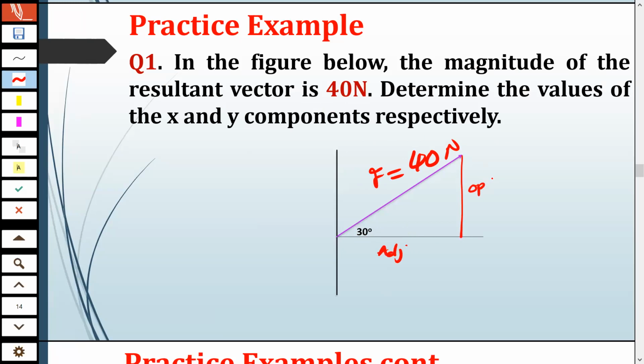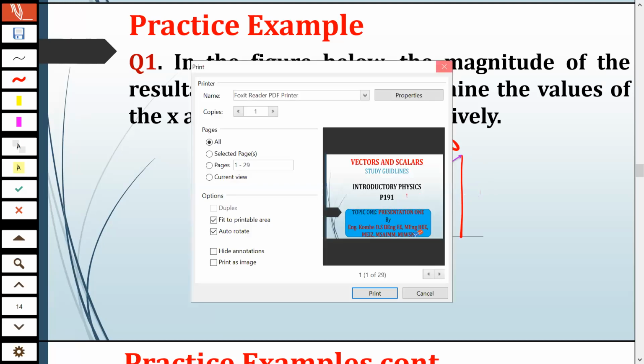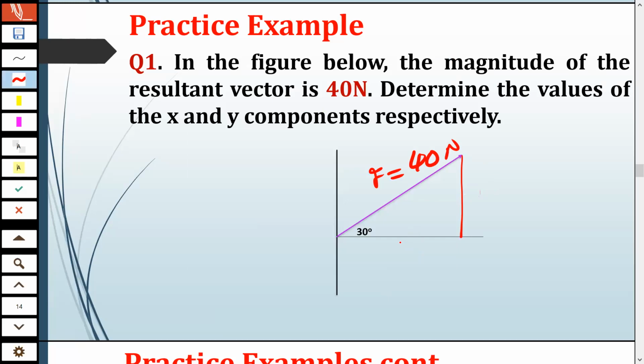To find the components, here, this is the adjacent, but aside from being the adjacent, this is the x component of that force.